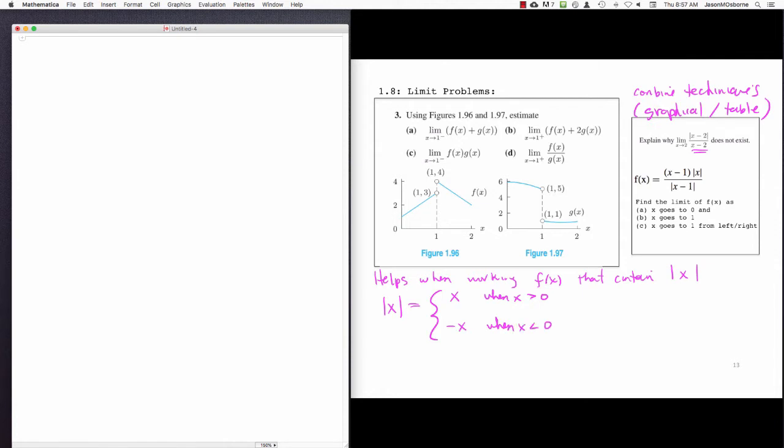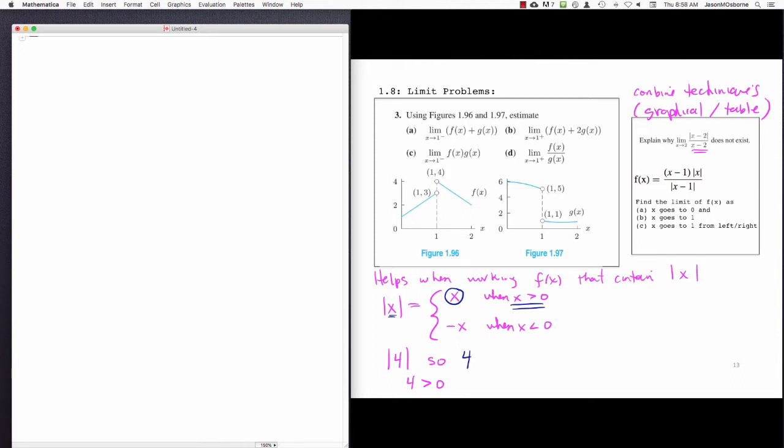This definition, this piecewise defined function, is consistent with, for example, when you take the absolute value of 4. Notice that 4 is greater than 0, so according to this definition, the value of the function is just the value of x, so it's equal to 4.